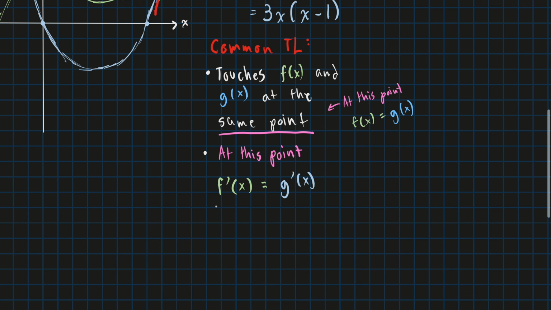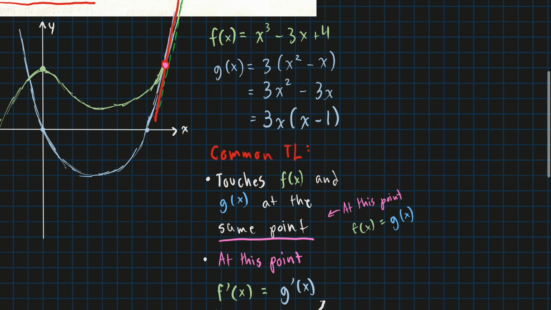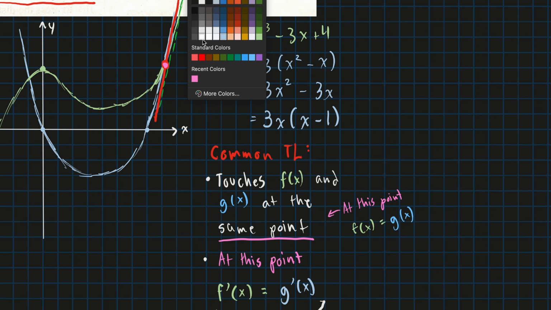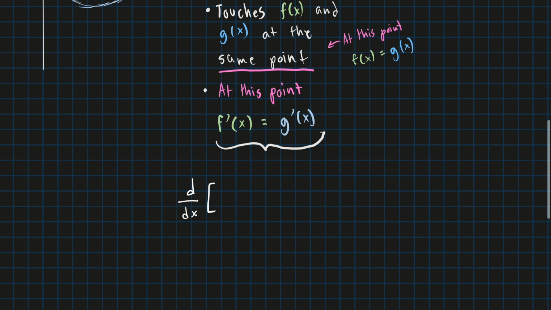Let's start with this second criteria, see where that takes us. So to do that, what we're going to do is take d over dx of f of x, right?